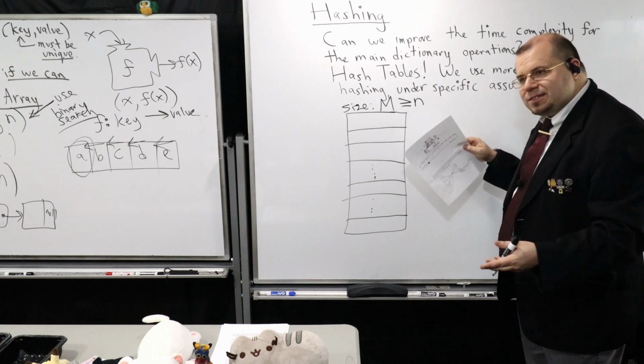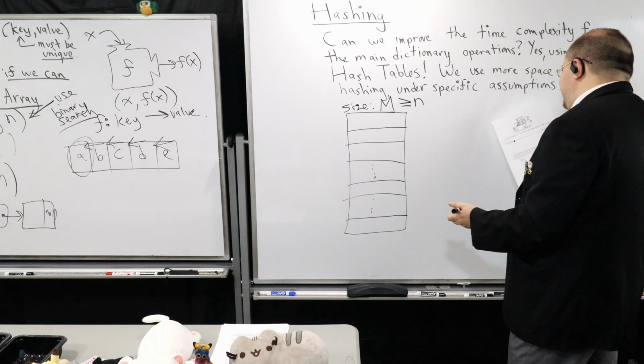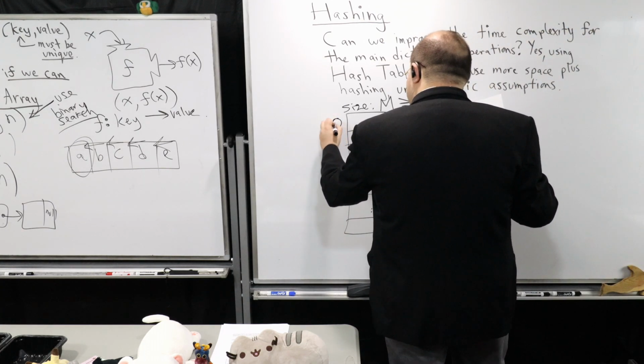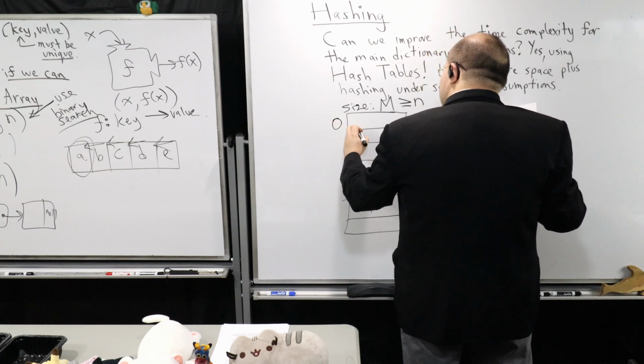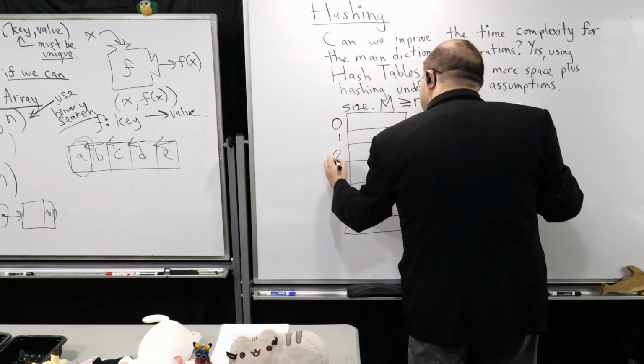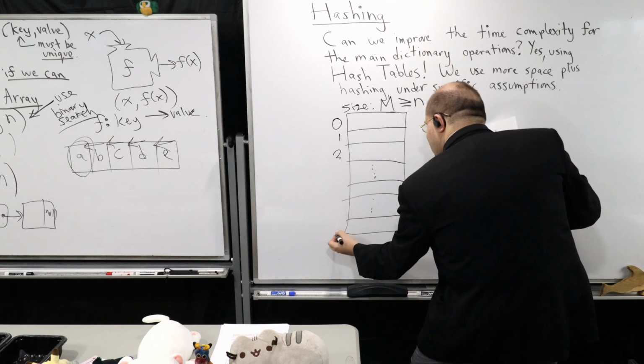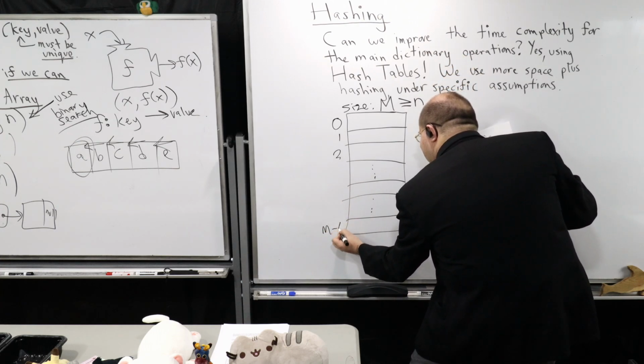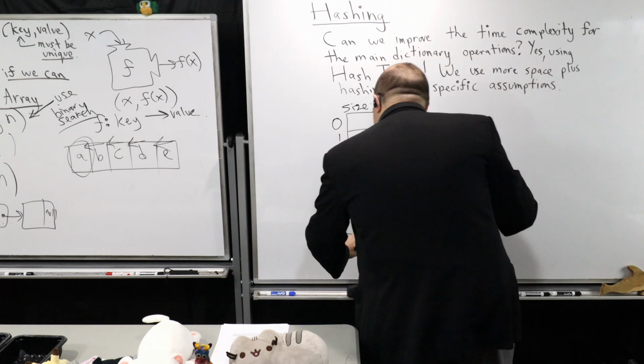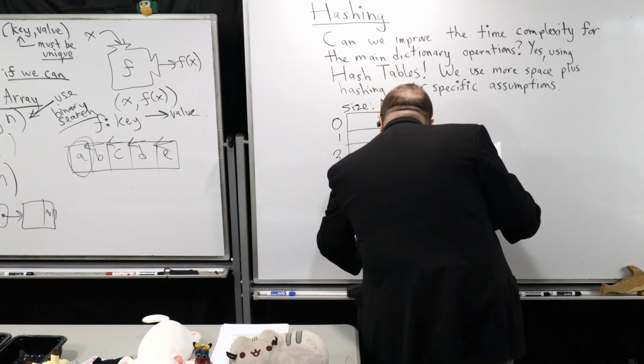I'll address what happens if you need more space in a bit, either today or next week. So I'm going to imagine I have some positions in here. Just think of it as an array. It's just an array. I'm just going to call this a hash table.